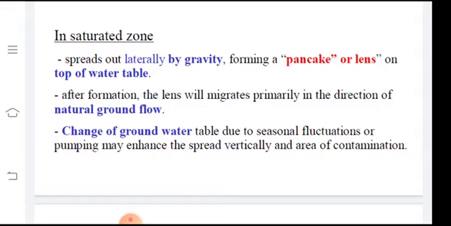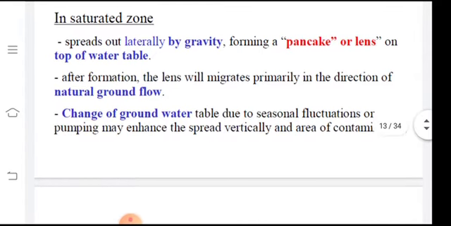Because the density is less, it will not have a settling force, and it will try to float on the surface of the groundwater. So the majority of the light NAPLs will float on the surface of groundwater laterally.